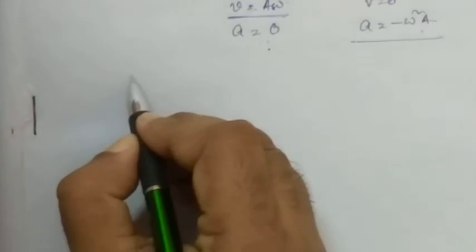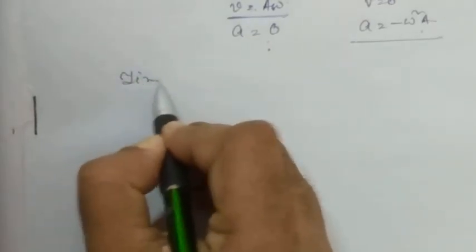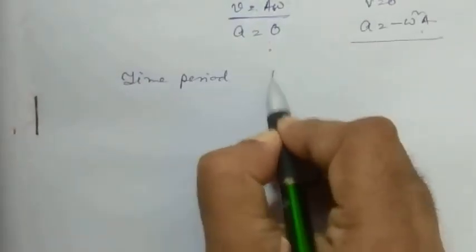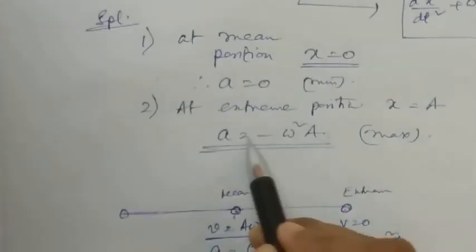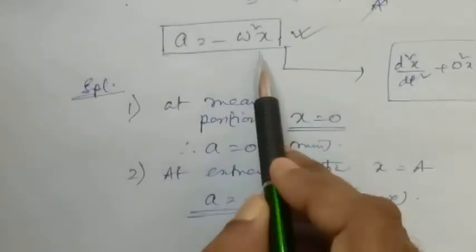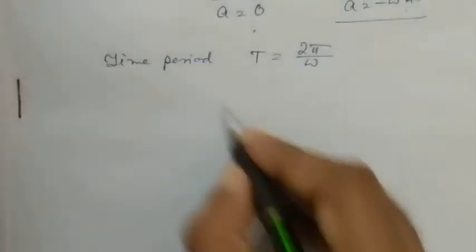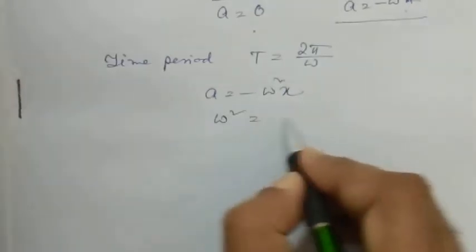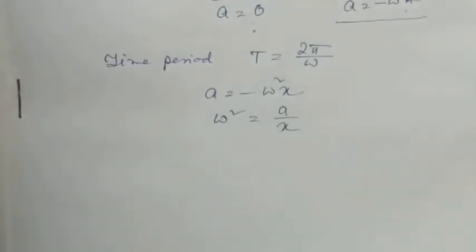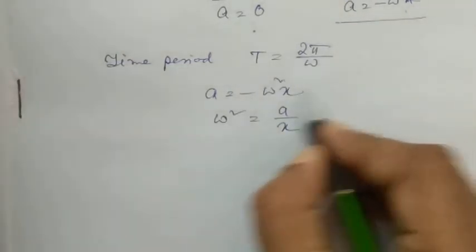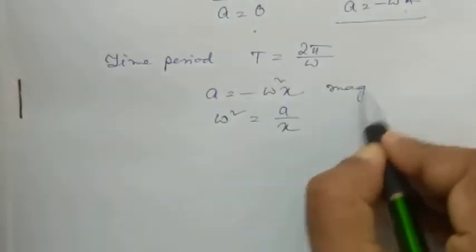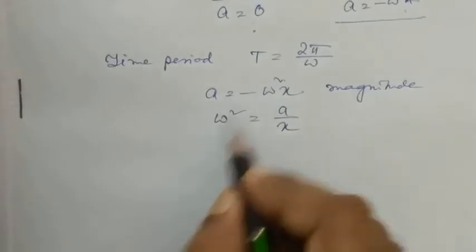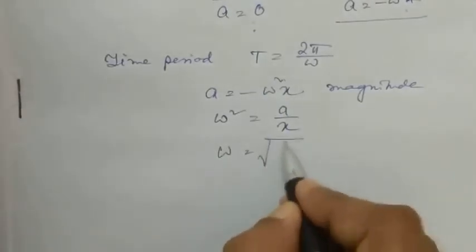Now, if we can write the value of time period, we know t is equal to 2 pi by omega, and from the expression of acceleration, a is equal to minus omega square x. Now what is omega? Taking only the magnitude into account, omega square is equal to a by x. Omega is equal to square root of a by x.